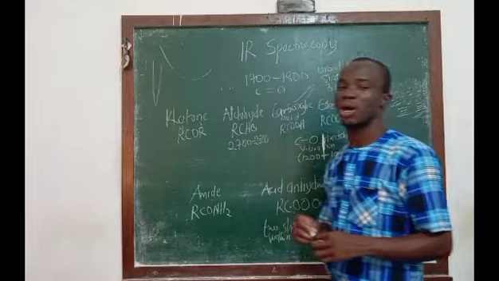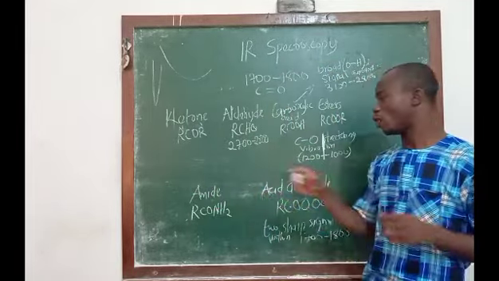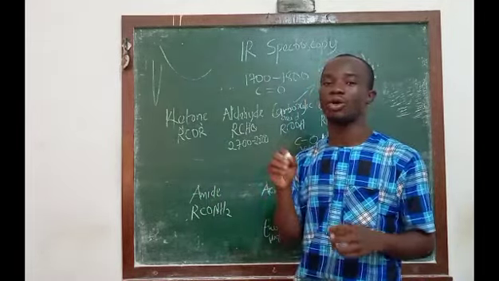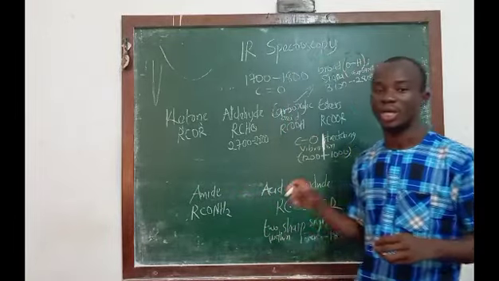Now, the next class of compound I want to talk about is the amide. For amide, there is one specific signal you can always look out for in an IR spectrum.